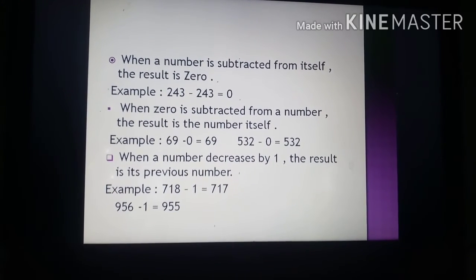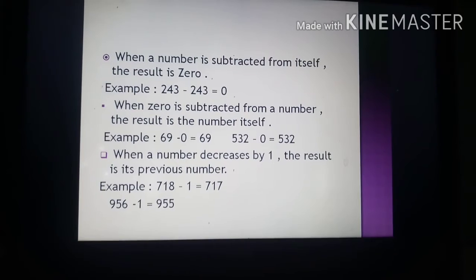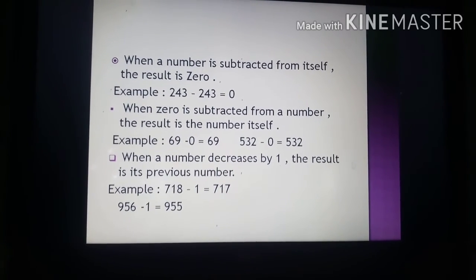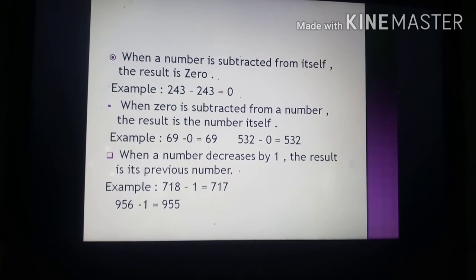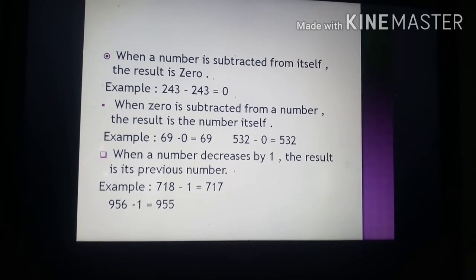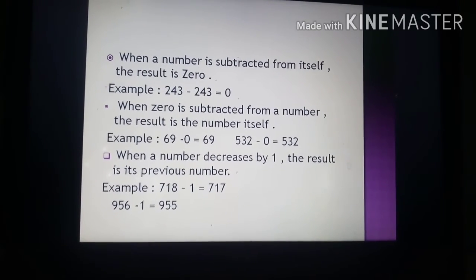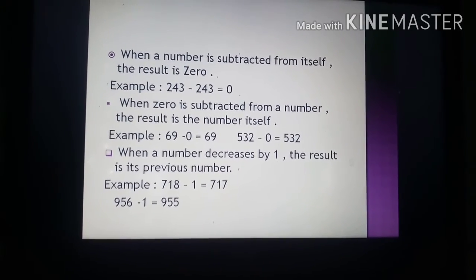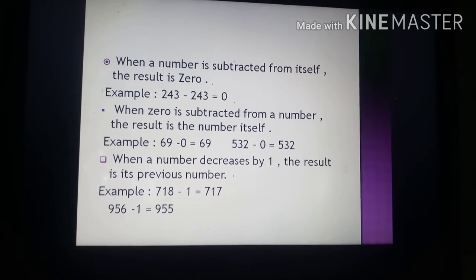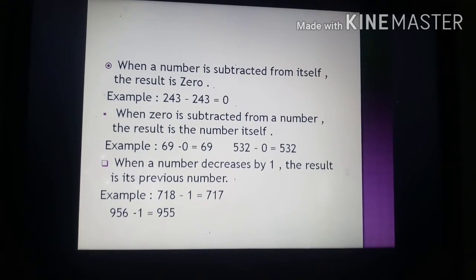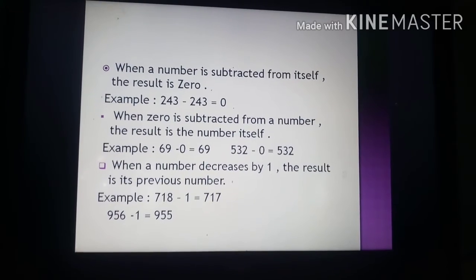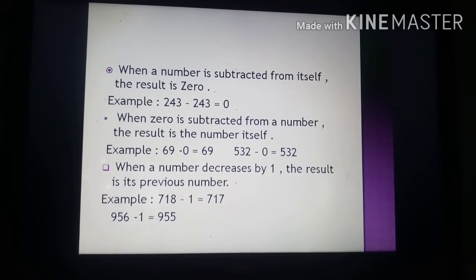So, the previous number of 718 is 717. So, the answer will be the previous number. And 956, and we have to subtract 1. So, the answer will be 955, because the previous number is 955.